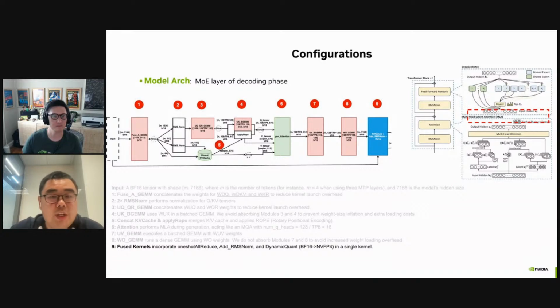After the output projection GEMM, we will feed the output to a fused kernel. For this kernel, we have fused one-shot AllReduce, add RMS norm, and dynamic quant in a kernel to reduce the kernel launch overhead again.